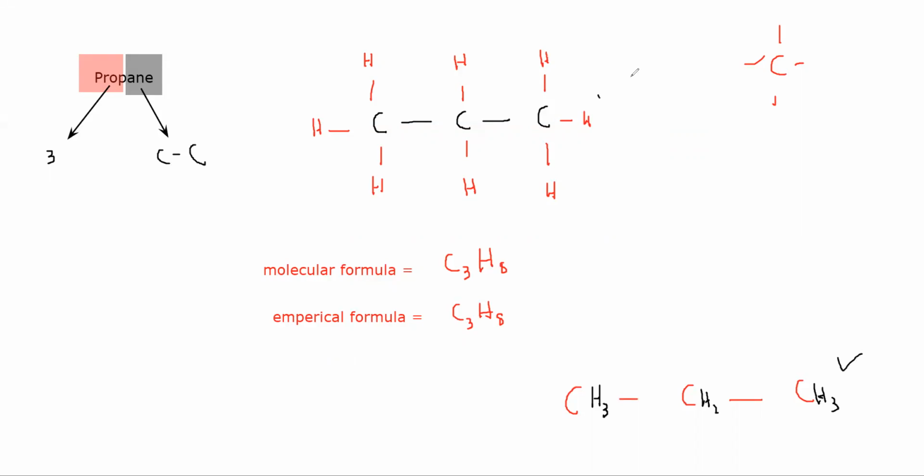Both ways are right. In the first one, we show all the bonds. In the second one, we only represent the carbon bond, and for hydrogen, we just write the number of hydrogen attached. Any doubt in this example? So in this example, we cannot simplify the empirical formula, so we write the same.